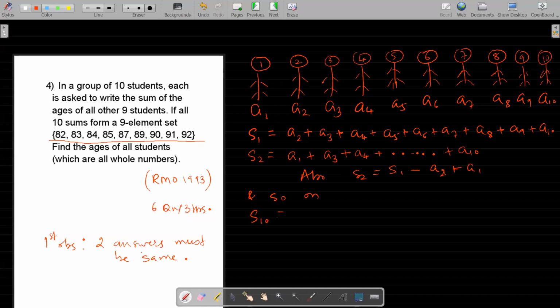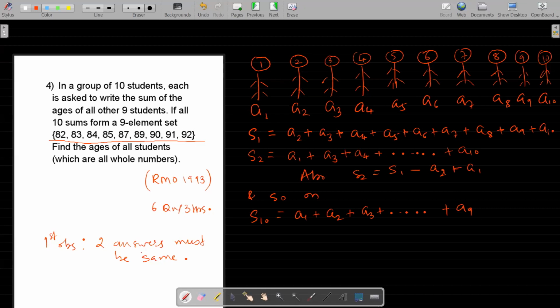What will be S10? So S10 will be A1 plus A2 plus A3 plus A4 plus A5 plus A6 and so on till A9. A1, A2, A3 up to A9, sir. A9. There won't be A10, right?